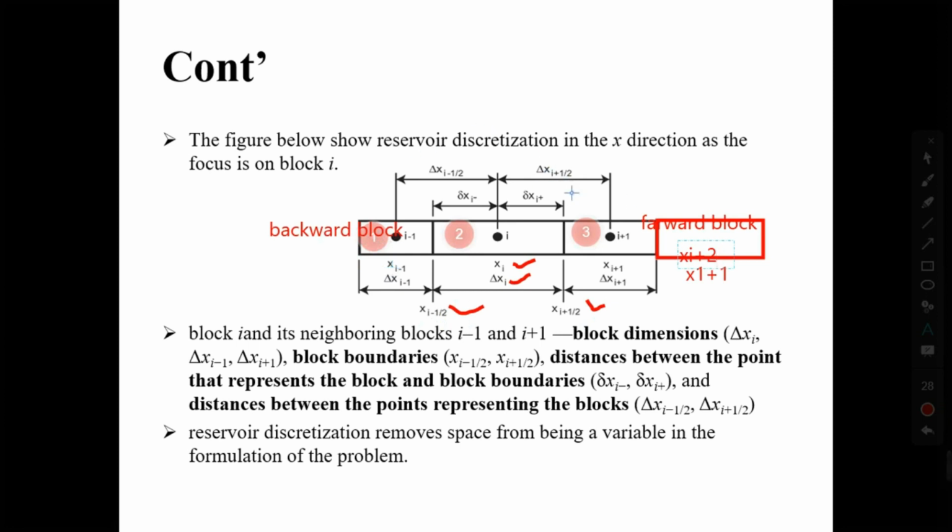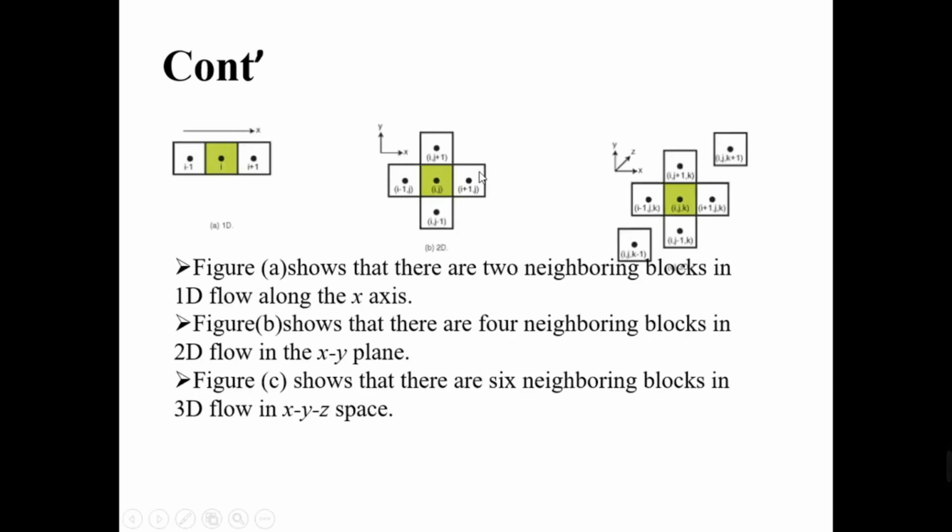So this is how we represent the x direction, as the focus is on block i. We start from block i, then we go to i plus 1, and backward i minus 1. That's how we show the discretization. As I said, we have three different dimensions: one dimension, two dimensions x and y, and three dimensions x, y, and z.